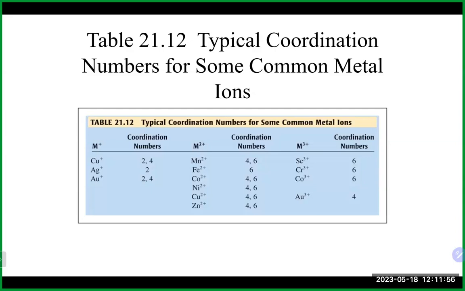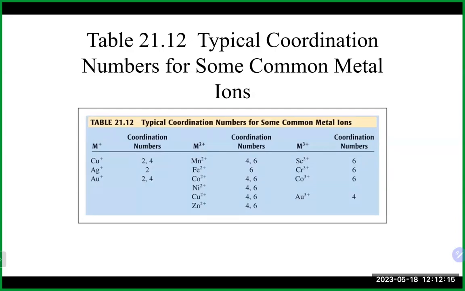So typically guys that have +1 charges, as you can see there on the left, usually have 2 guys that will attach in, occasionally 4. When you get to +2 type charges like we have in the middle, 4 and 6 are very common coordination numbers that we see.